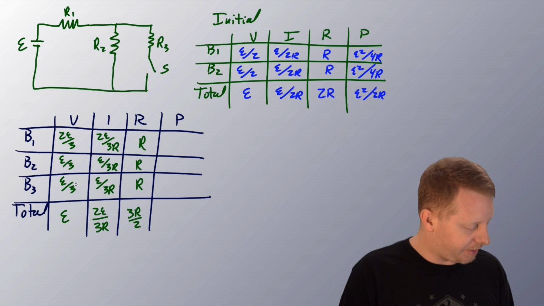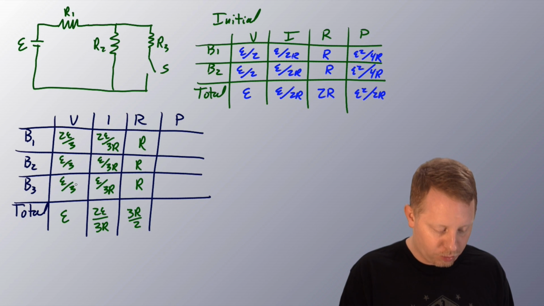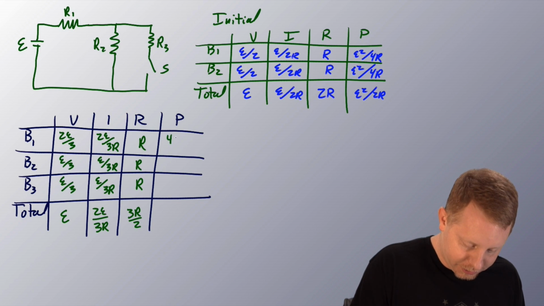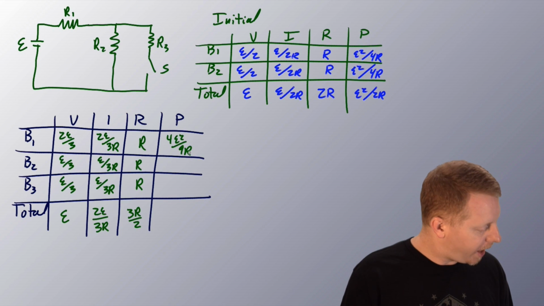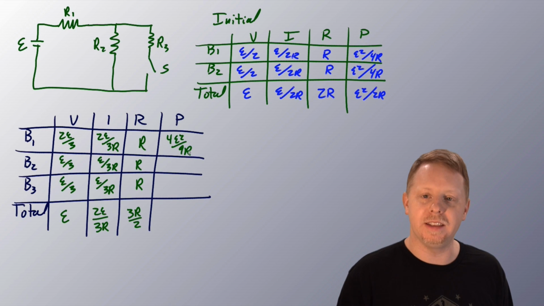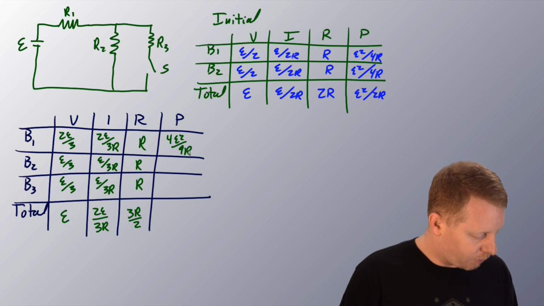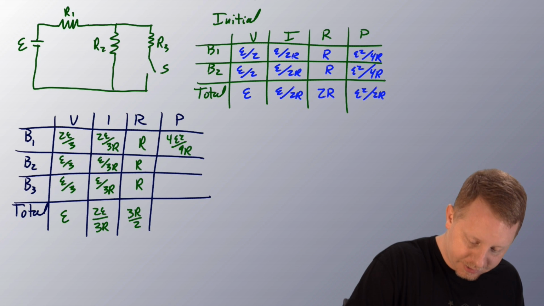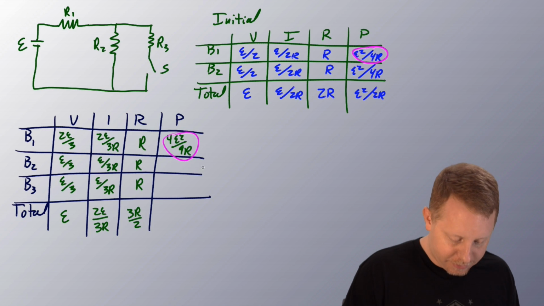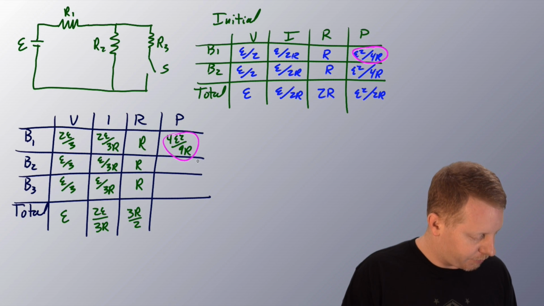So now we can calculate the powers, and we're really only worried about bulb 1, so I can just do V times I and find that our power here is 4E squared over 9R. So if I want to know how the power new compares to the initial power 1, well, power 1 we had E squared over 4R. Now we have 4E squared over 9R.